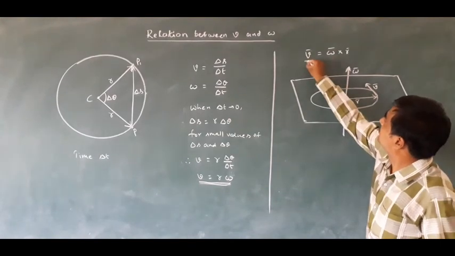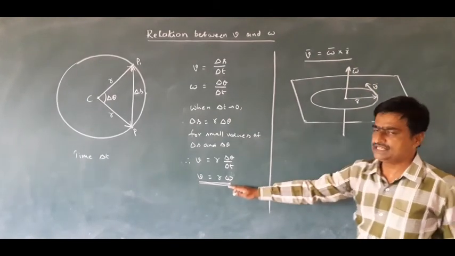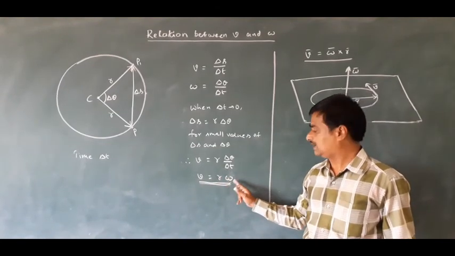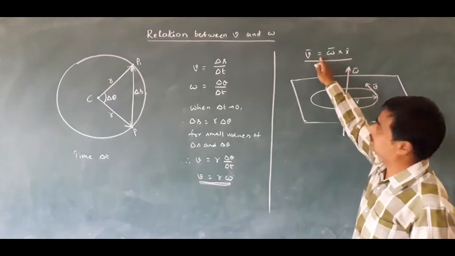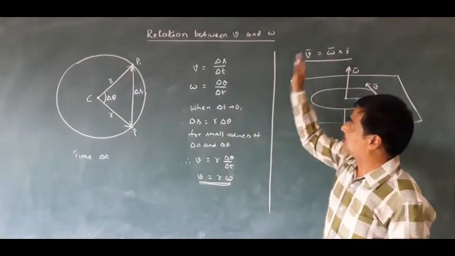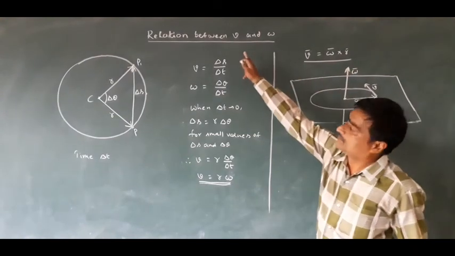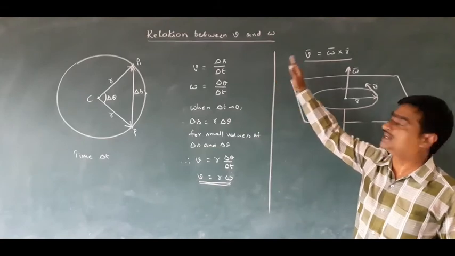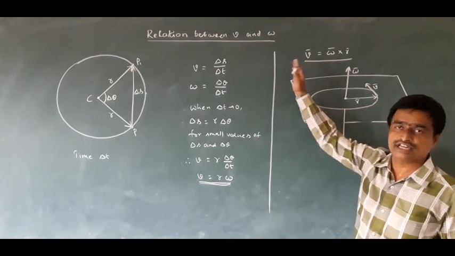This is the relation between these vector quantities. If we simply write in magnitudes, v is equal to r omega, but you have to follow this order. This is for the right hand. In this way we write the relation between velocity and angular velocity. Velocity is a linear quantity, angular velocity is a rotational quantity.